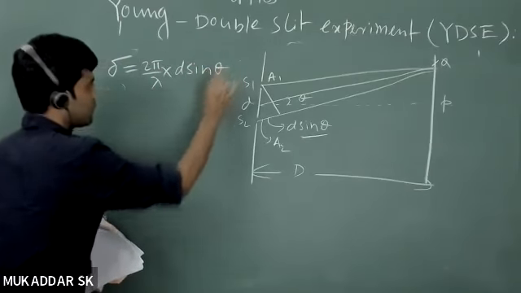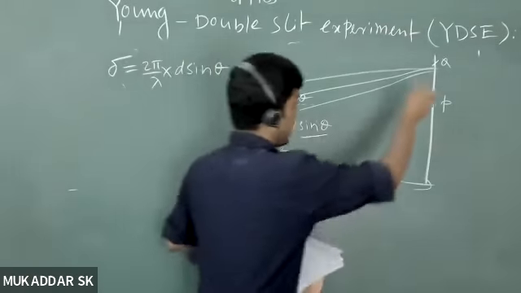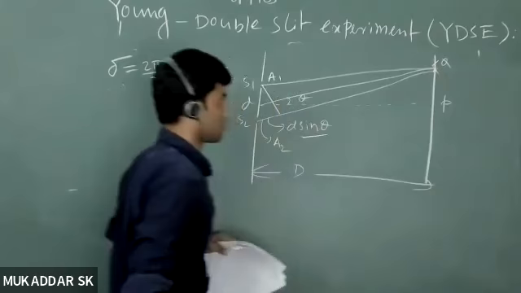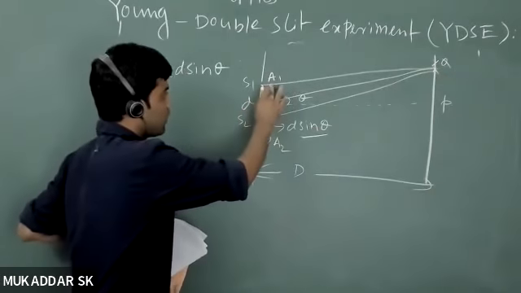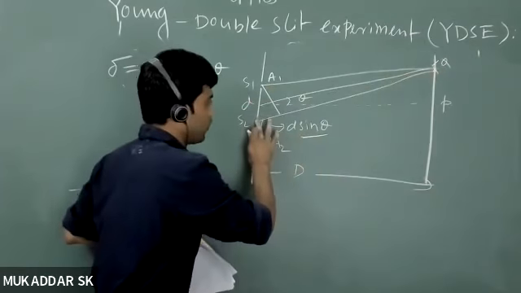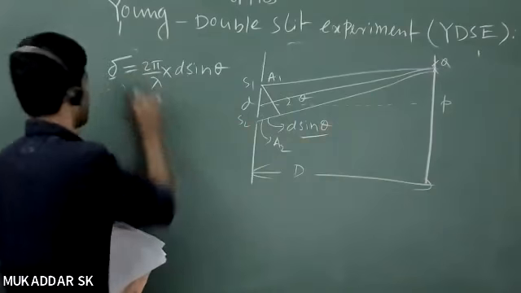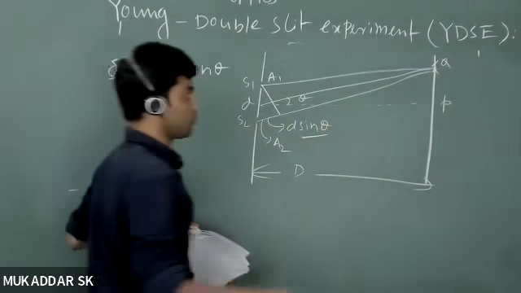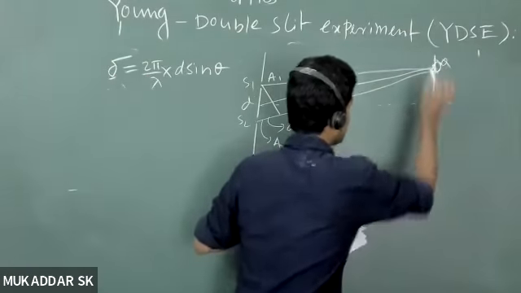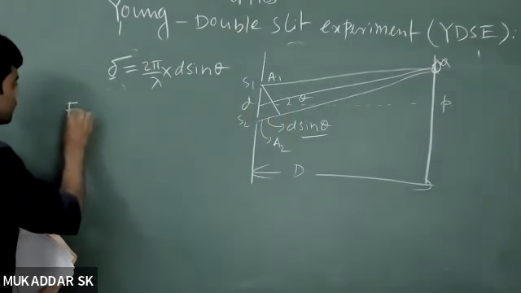Now the resultant amplitude at Q will be how much? Let us denote the resultant amplitude as E of Q.